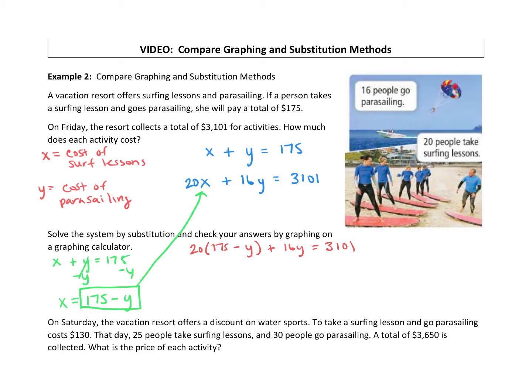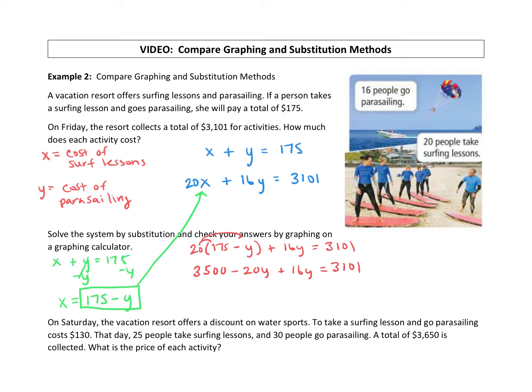Now we're going to solve this equation. All right, let's distribute that 20. 20 times 175 is 3,500. Then distribute the 20 to the negative y, so it's minus 20y plus 16y equals 3,101.